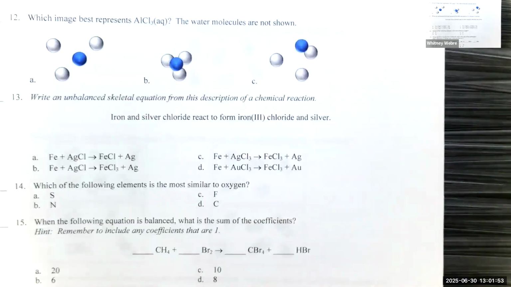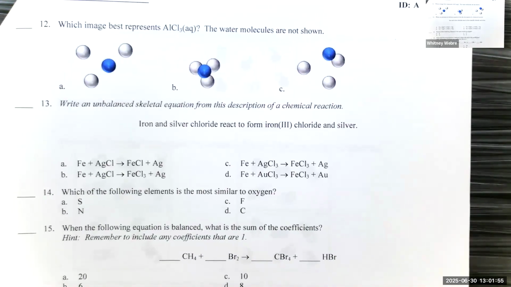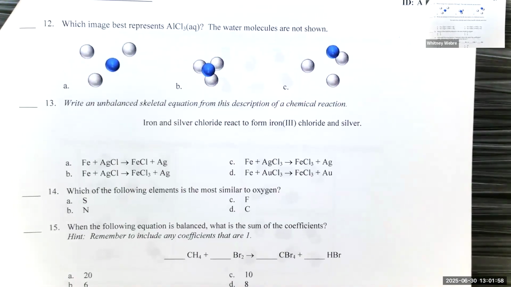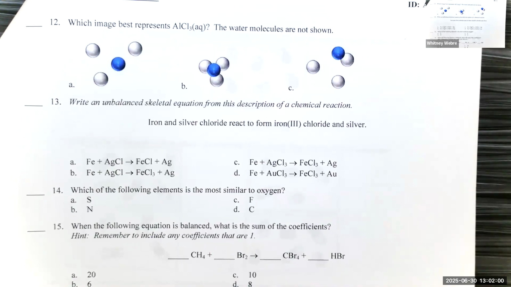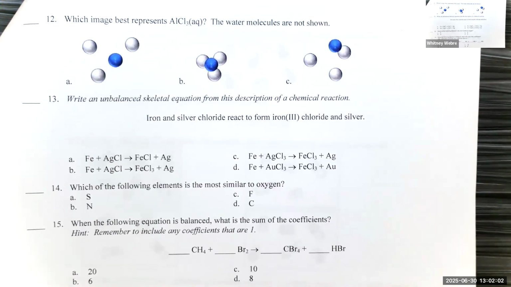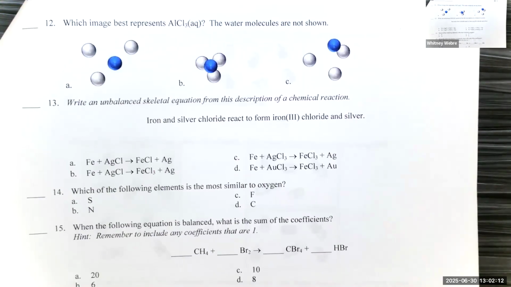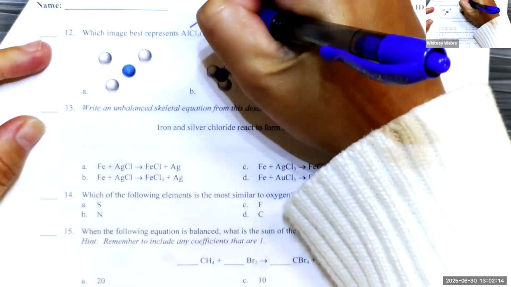All right, here is another question. Which image best represents AlCl3 when it hits water? First, is it ionic or molecular covalent? It's ionic because it's a metal plus a non-metal. So what happens when aluminum breaks up in water?